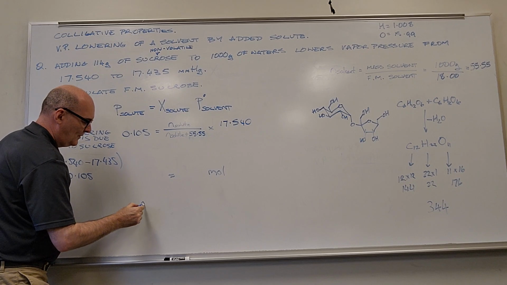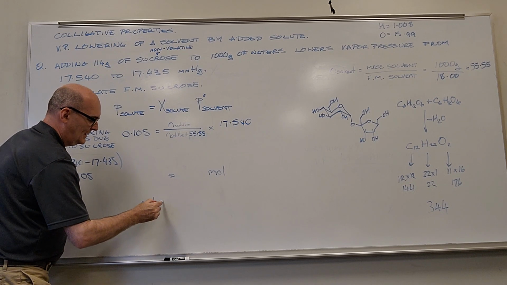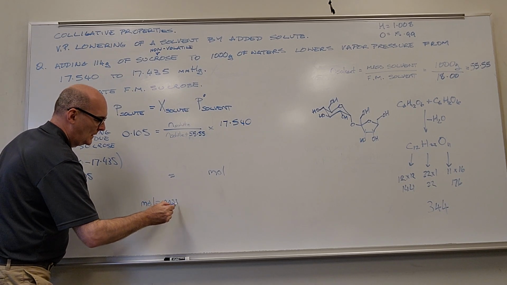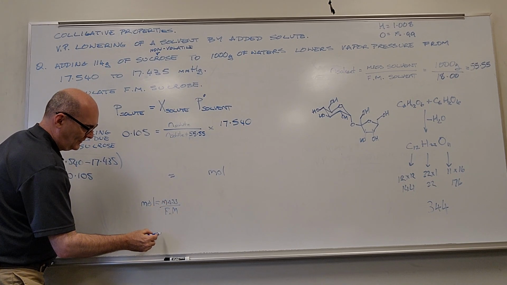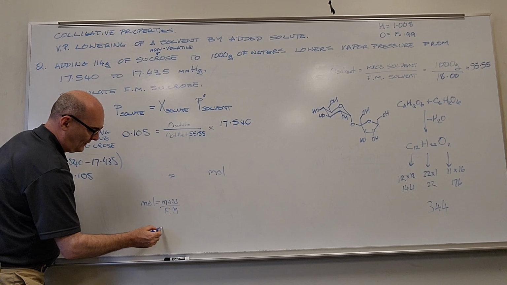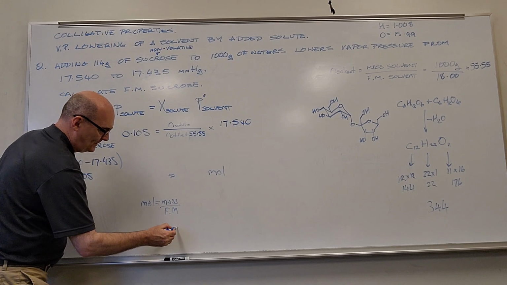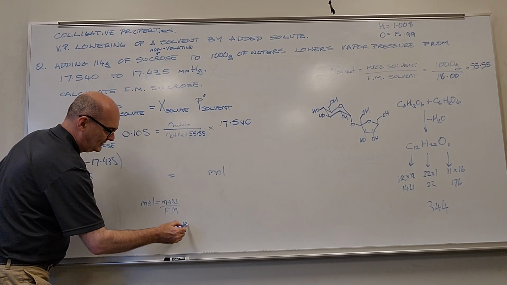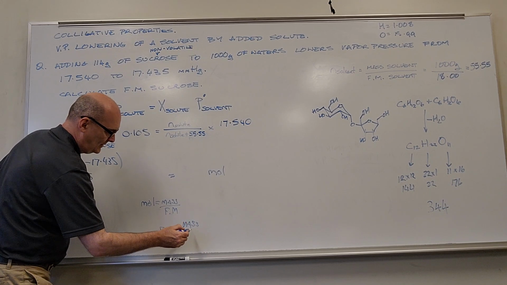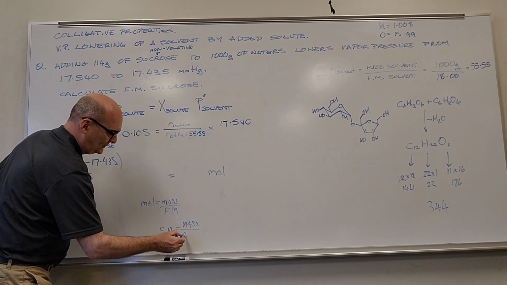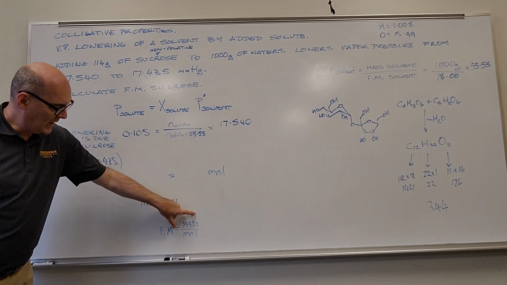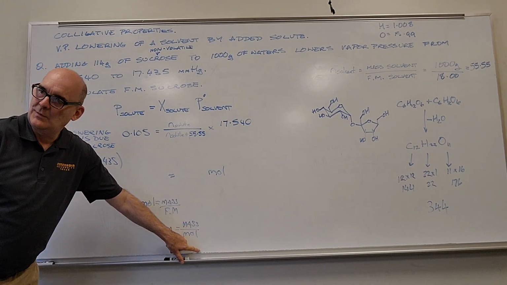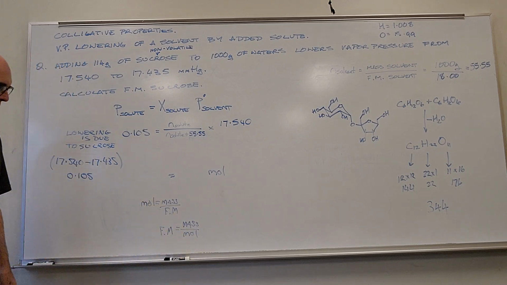And then moles is mass divided by formula mass, which means that formula mass is mass divided by moles. Grams divided by grams per mole gives me moles.